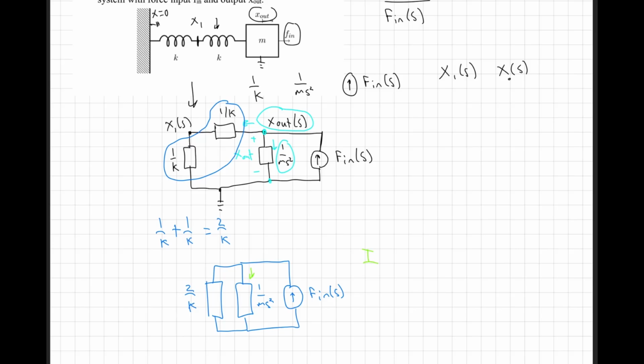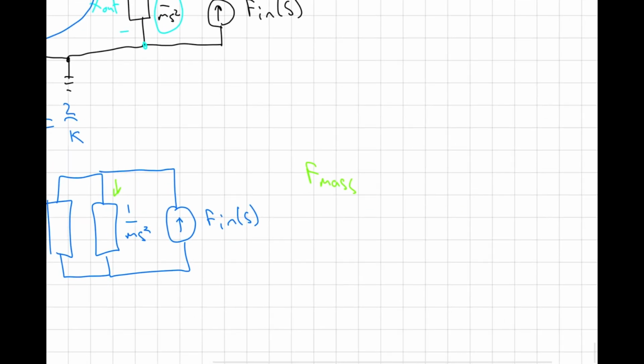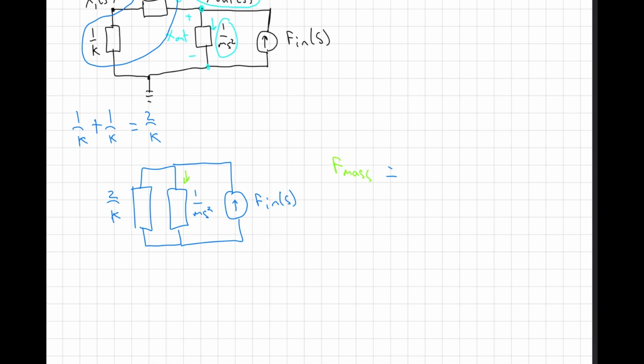Let's call that I mass of S. That current's actually going to be represented as a force, so F mass, and that's going to be equal to the branch we don't want, so 2 over K, over the other two impedances, so 2 over K and 1 over ms squared. And that's going to be multiplied by Fn of S.